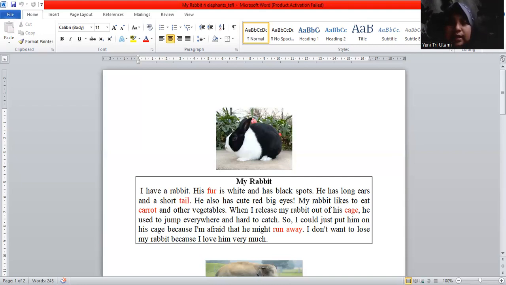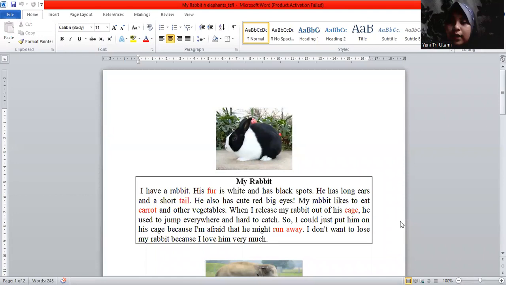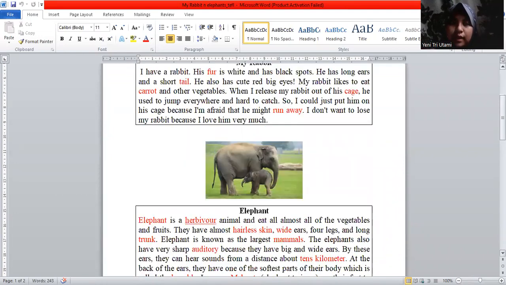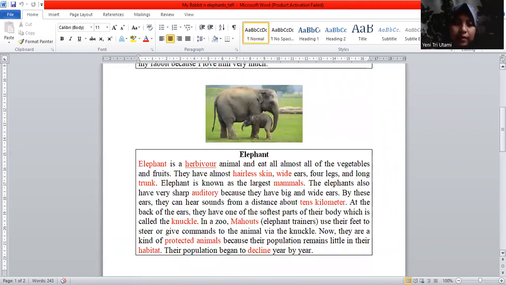So the text that you are going to analyze is this text. Wait, let me show you the text. Okay, so the text that you are going to analyze is this one, which is titled Elephant.